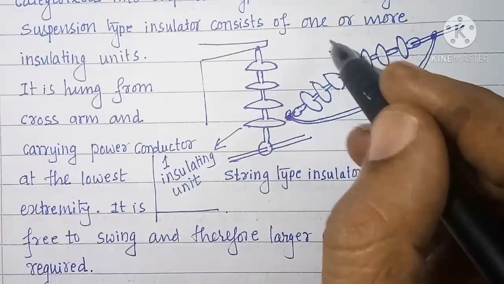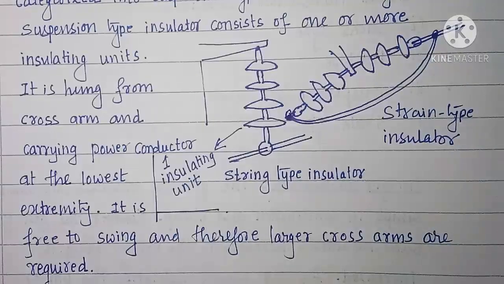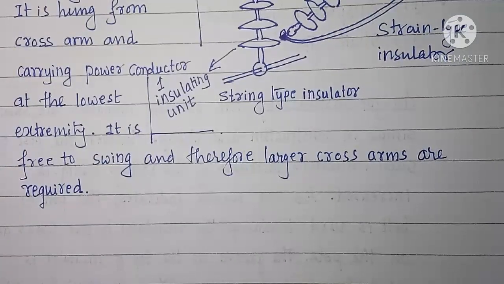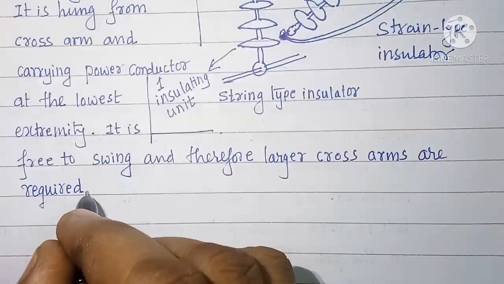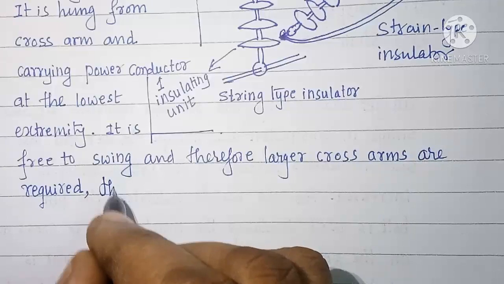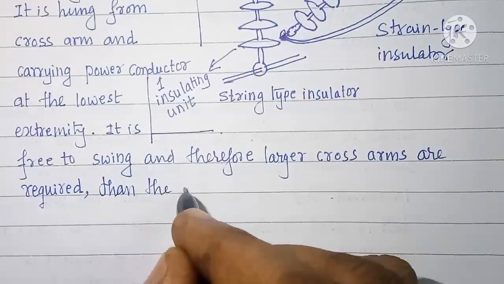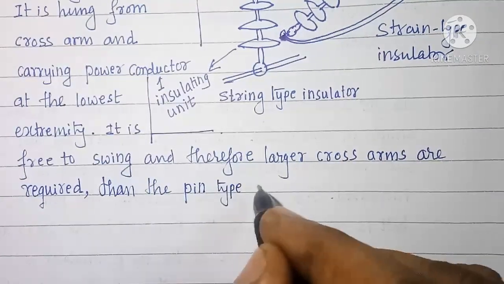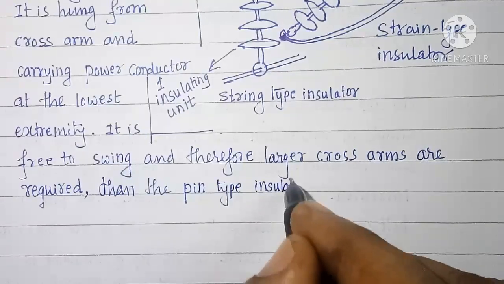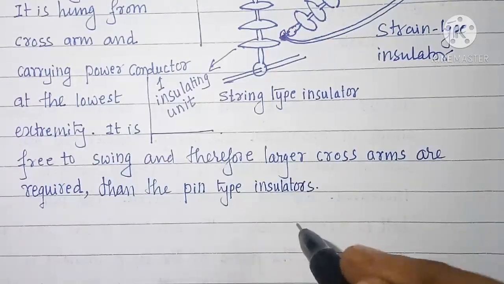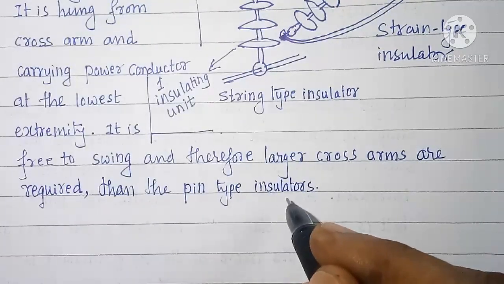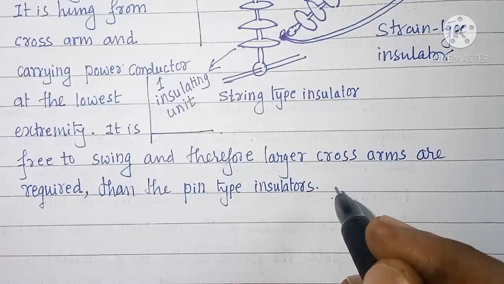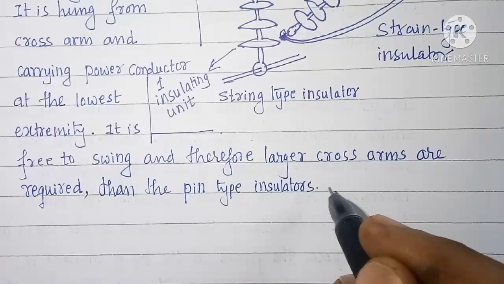So to avoid that, the length of the cross arm should be made longer than for pin type insulators, because in the case of pin type insulators, they are connected firmly to the cross arm using nuts.